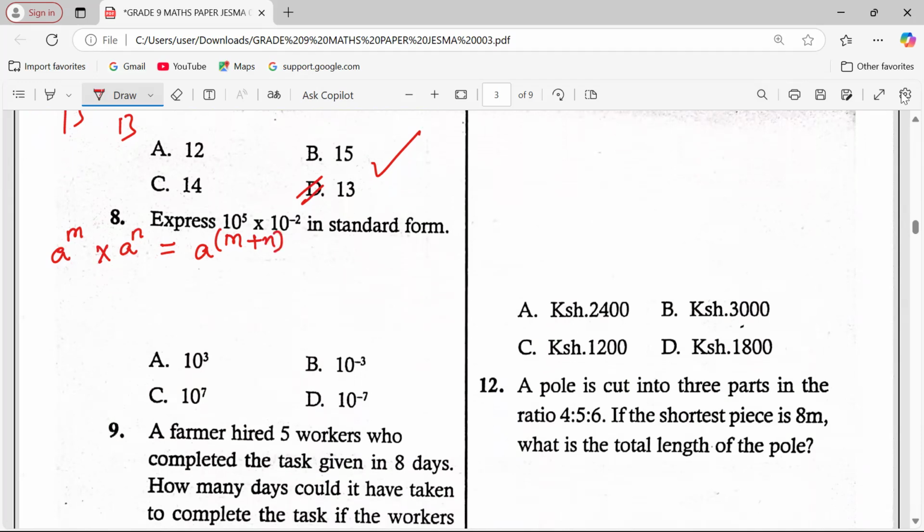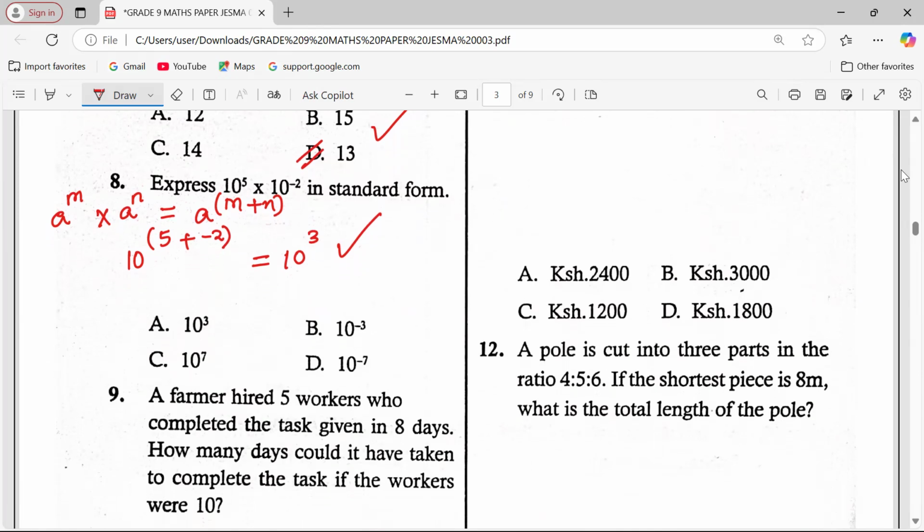Applying the same to what has been provided, it will be 10 raised to power 5 plus a negative 2. This will take us to 10 power 3. So the answer is 10 power 3, which has been written in index form.